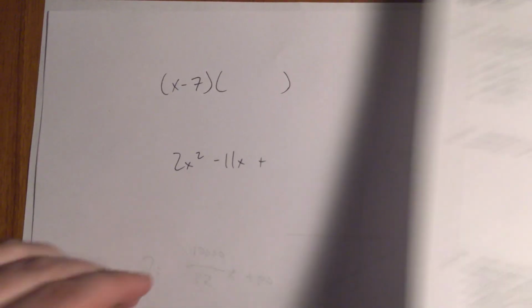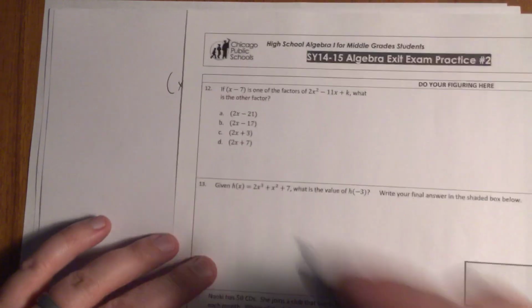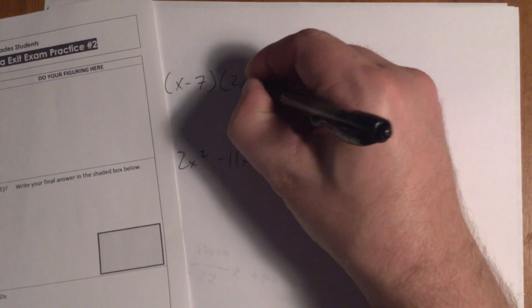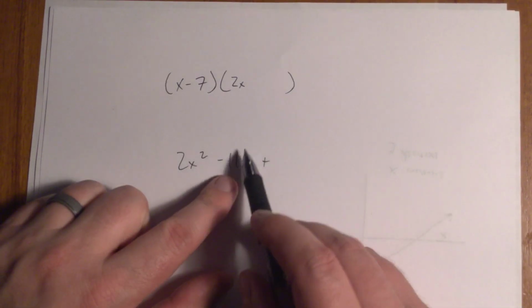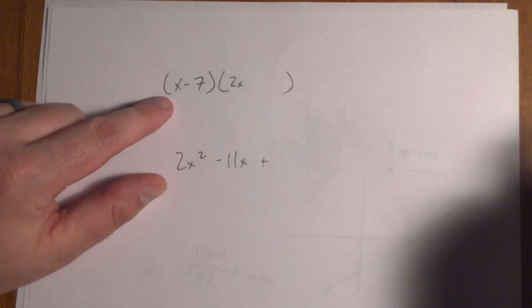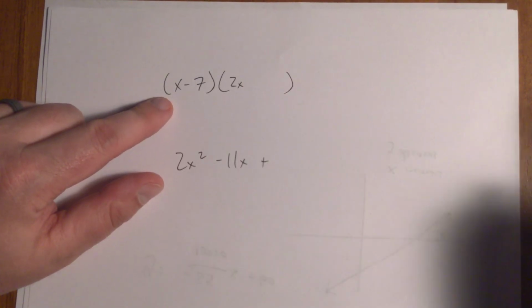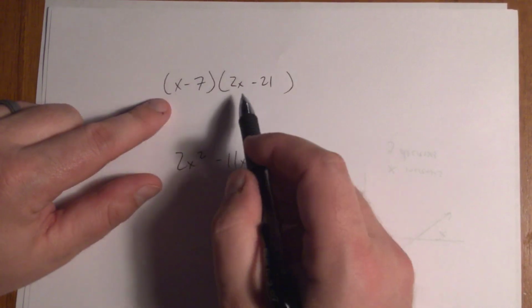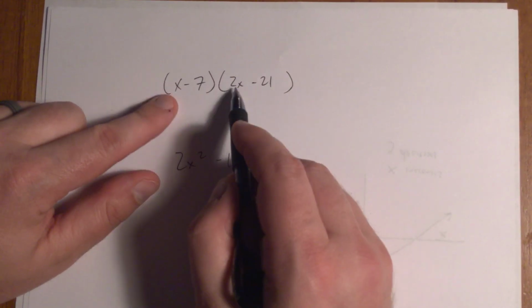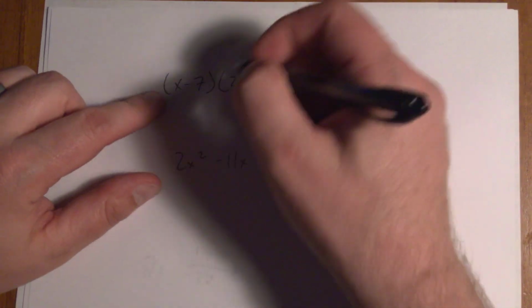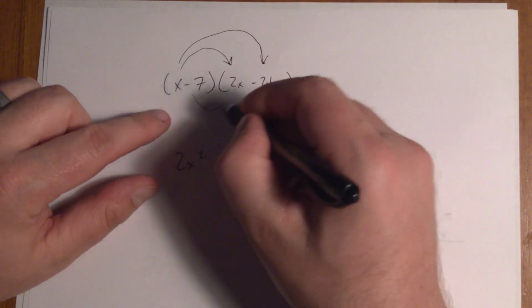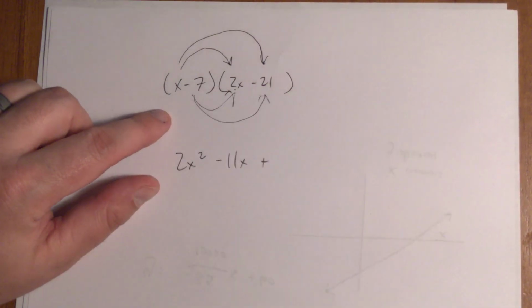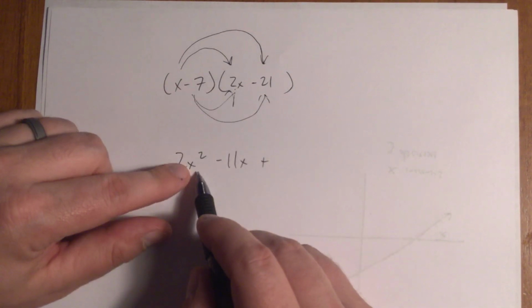Okay. All of these have 2x in the factor, so I'm just going to put that in because we know it's definitely that. I'm going to do this in a couple different colors, and we'll see which one works. If I put the first one in, say negative 21, and then distributed it, x times 2x is 2x squared.